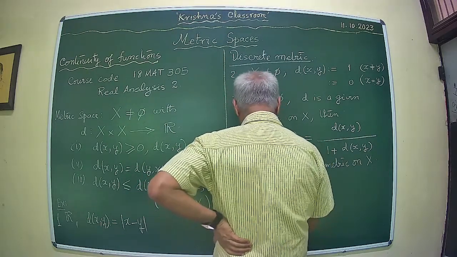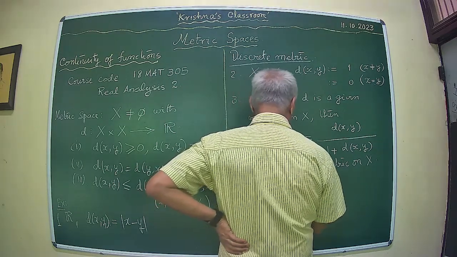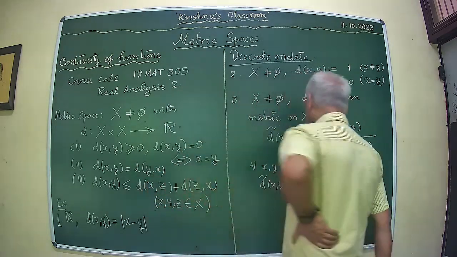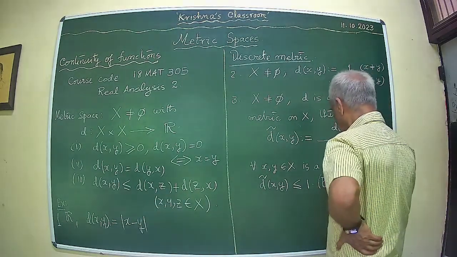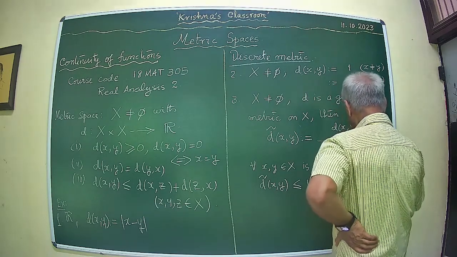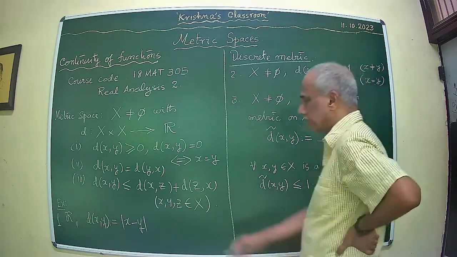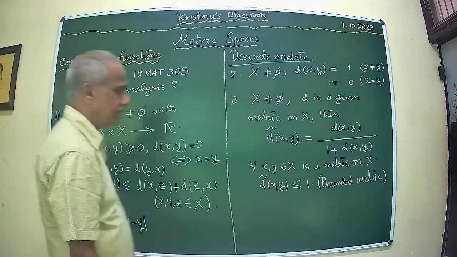So d tilde is a bounded metric, whereas the metric that you are already familiar with on R is not necessarily bounded.